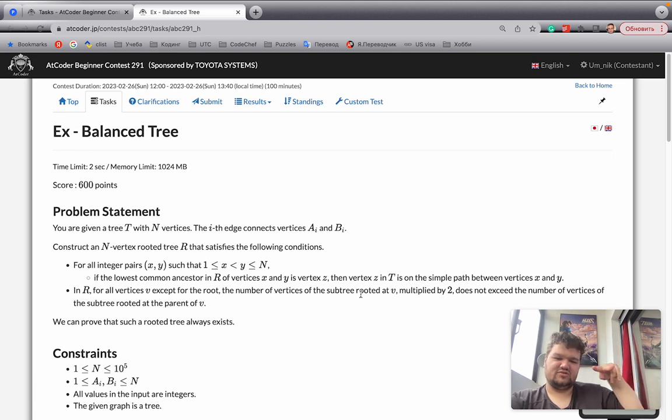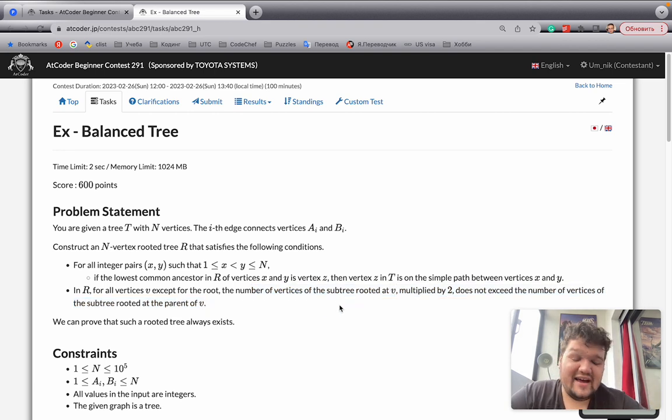Then for any two vertices, their LCA is the lowest common centroid, and the centroid lies on the path between them. This property exactly means that it's a centroid decomposition.